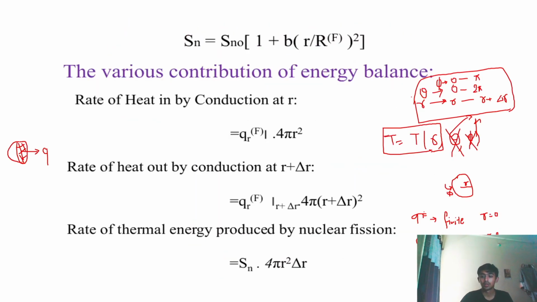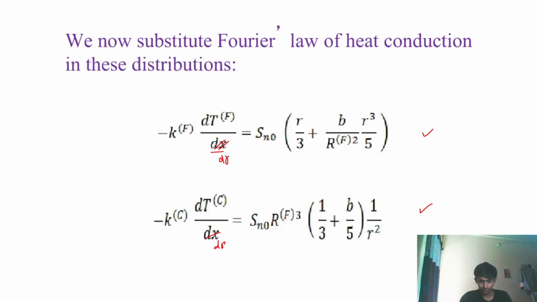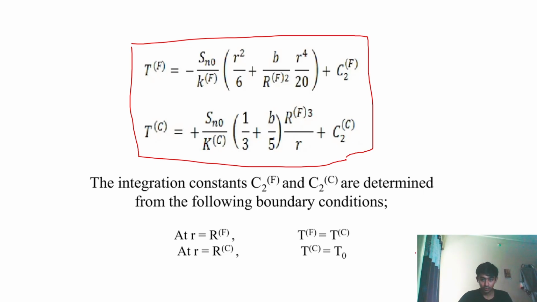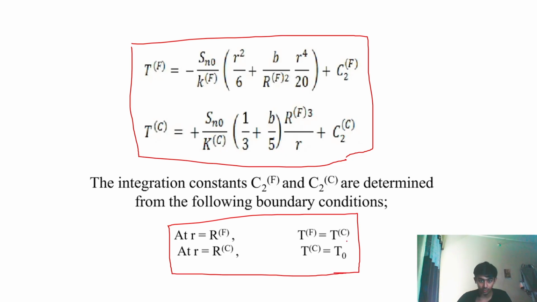At r = Rf, Tf will equal Tc, and at r = Rc, Tc equals T0. These are the boundary conditions we are applying because we want to find these integral constants.